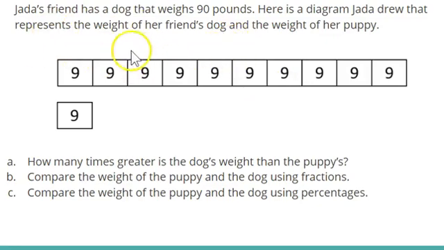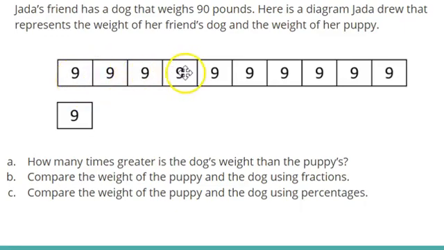Here's Jada's friend, who has a dog as well, but this dog weighs 90 pounds. This is a diagram that Jada drew to represent the weight of her friend's dog and the weight of her puppy. How many times greater is the dog's weight than the puppy's? Remember, the puppy is just 9 pounds.